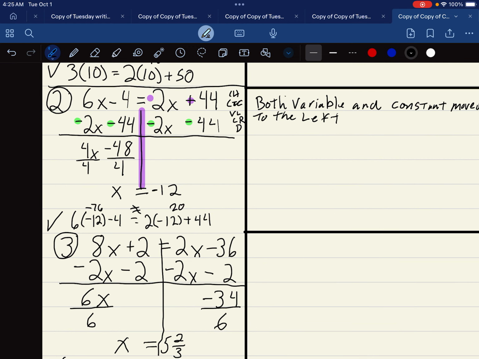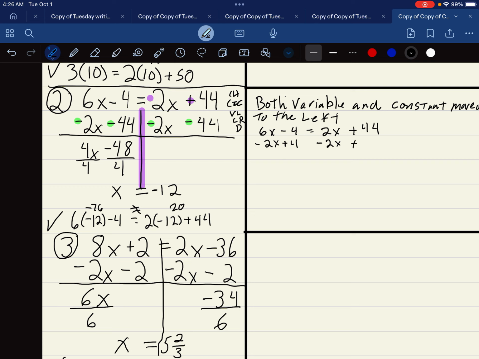Here we go. Now we're going to actually work this out. 6x minus 4 equals 2x plus 44. Subtract the 2x from both sides. This time, instead of subtracting 44, we're going to add 4.